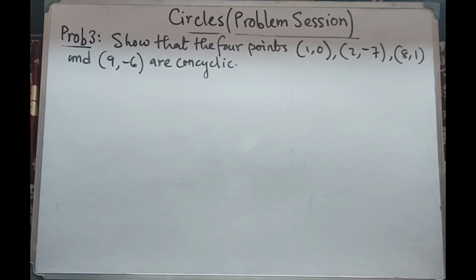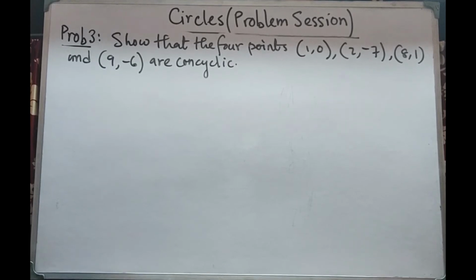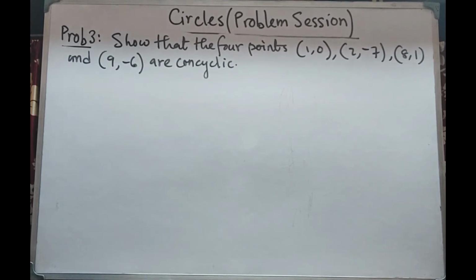I am not going to solve it here, just giving you the hints. So you find the equation of the circle with any 3 of the points, and then you satisfy the 4th point with the equation. If it is satisfying, then we can say that the 4 points are lying on the same circle. That means they are concyclic. I think we will not have any problem solving this. So let us come to the next one.